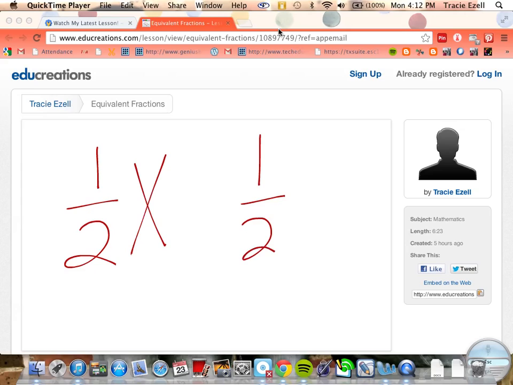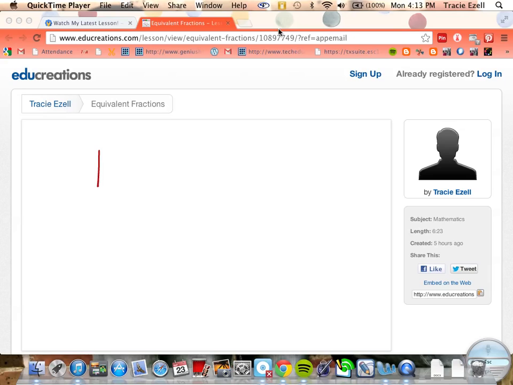I would put 1/2 and then I would put times 2 and times 2. And James, who thought that was a tremendous amount of work, said, "Mrs. Ezell, why are you writing it like that? Why can't you just write a really big 2? And I'll know to do the top and the bottom." And I said, "Well, James, that sounds like a fabulous idea. Let's just do it that way." So now that's the way I do it.